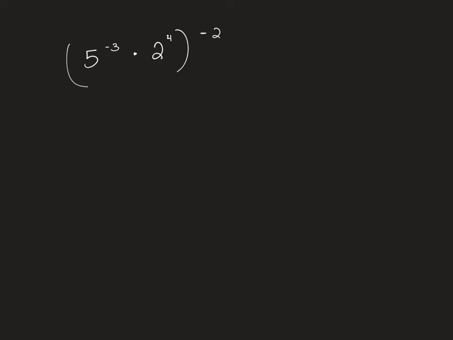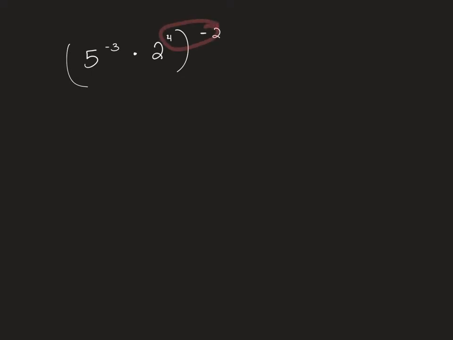All right, so for my next example, I have 5 to the negative third power times 2 to the fourth power, and I'm raising all that to the negative second power. Now the easiest way again is to multiply these exponents together.